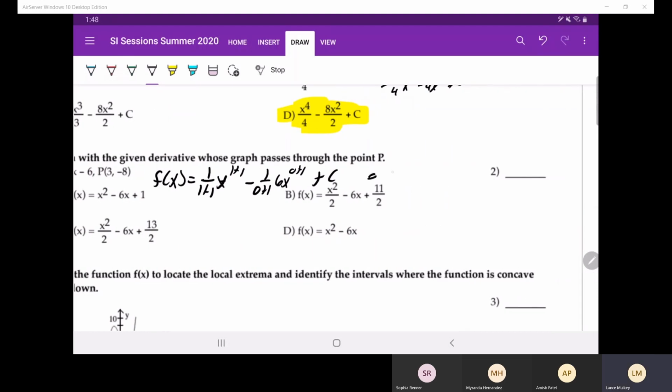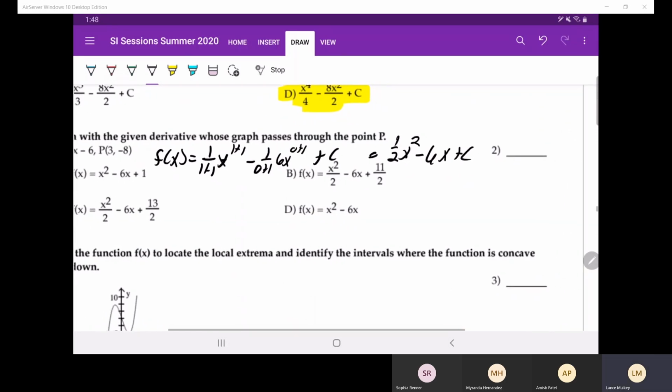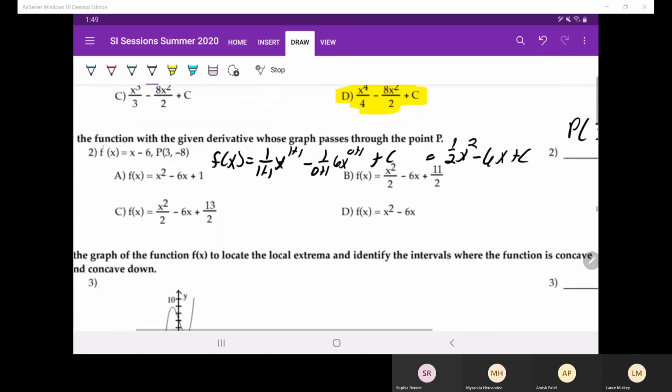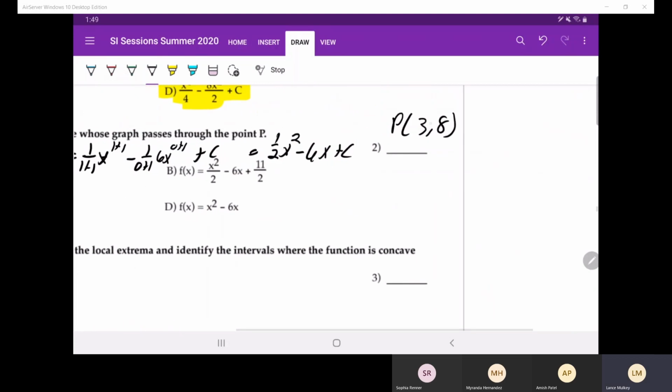So it ends up equaling 1/2 x squared minus 6x plus c. That's your equation. But you have a point. Yeah, so you have the point 3, negative 8.